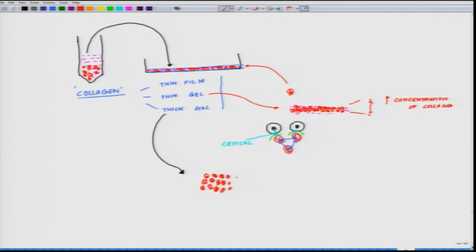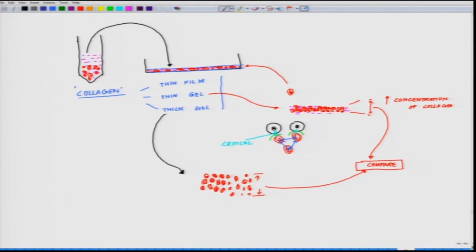Whenever you are trying to do this kind of thing, you are giving much more. If you compare these two pictures, what you will observe is the thickness has gone up.